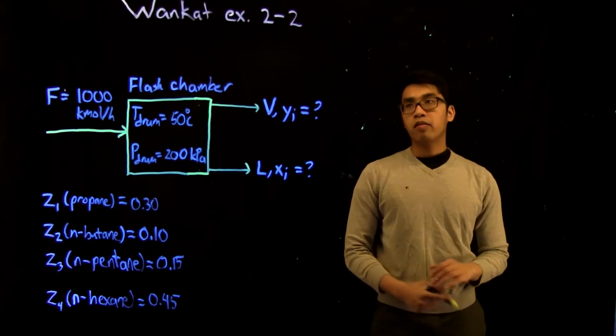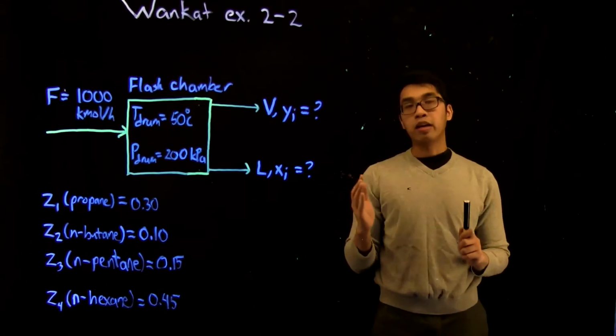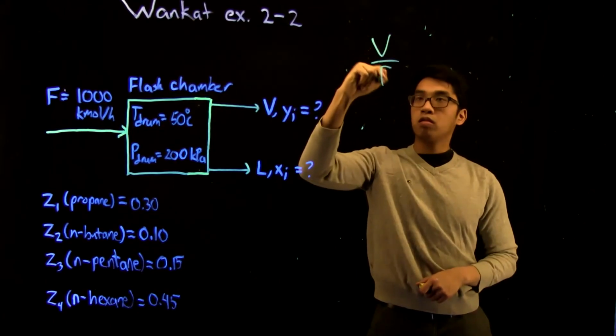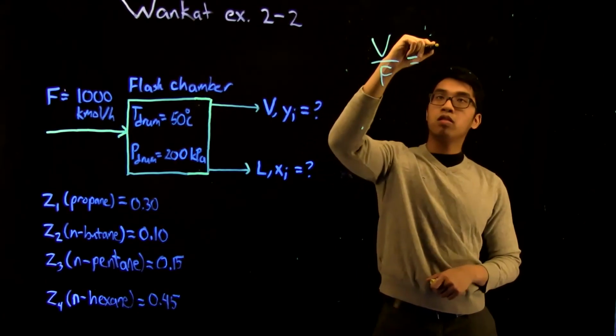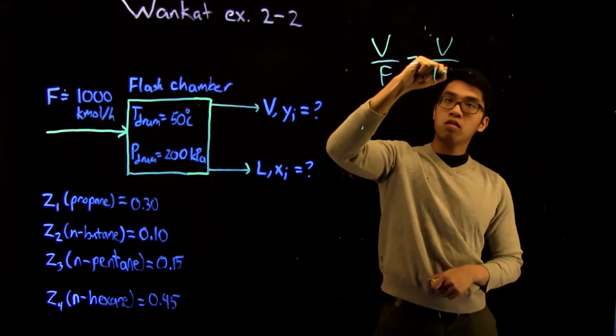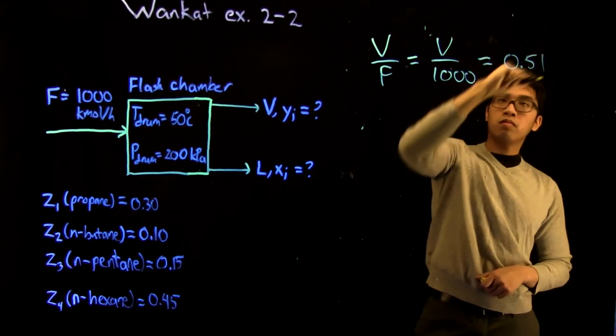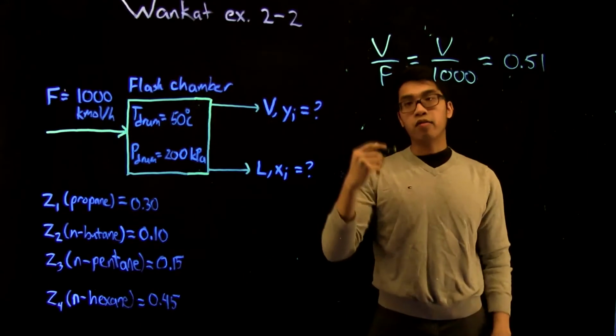The flow rates can be found by conducting an overall mass balance. We can just solve for V here.